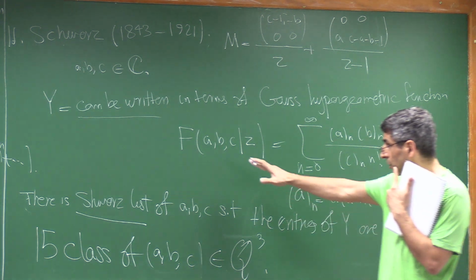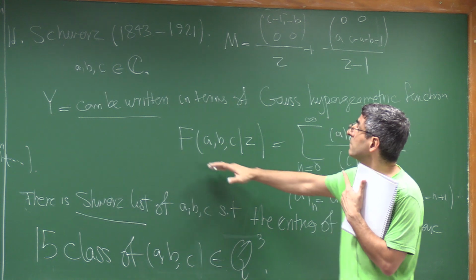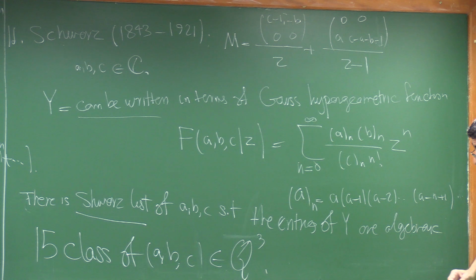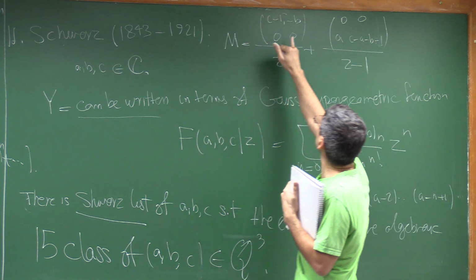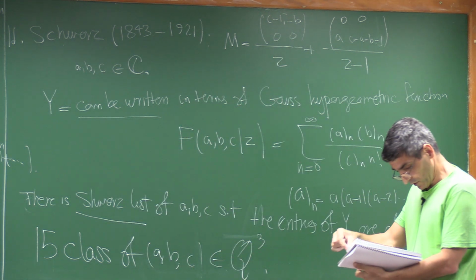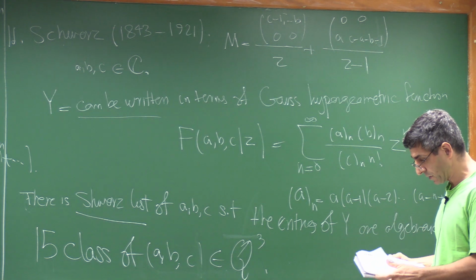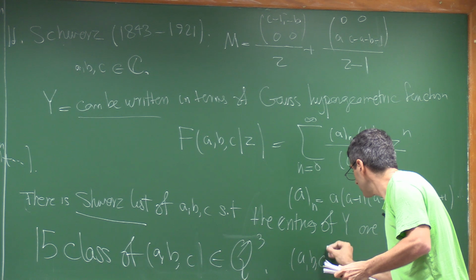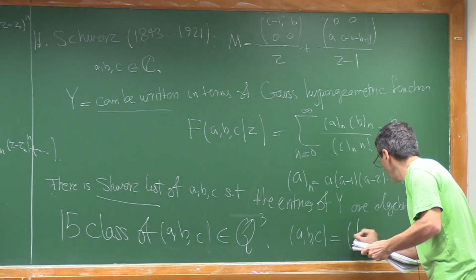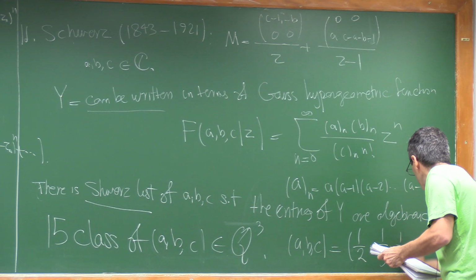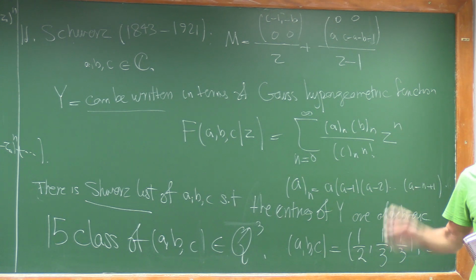But what I'm saying is that historically, Schwarz classified, just for this example, for which A, B, C the entries of Y are algebraic. If you want, one example from this list is A, B, C being 1/2, 1/3, and 1/3, and so on. So there is a table.